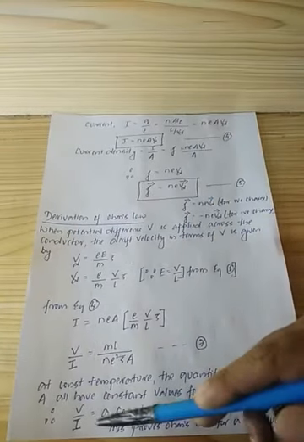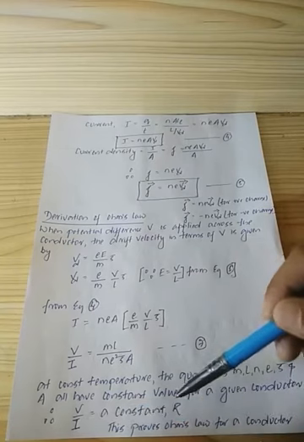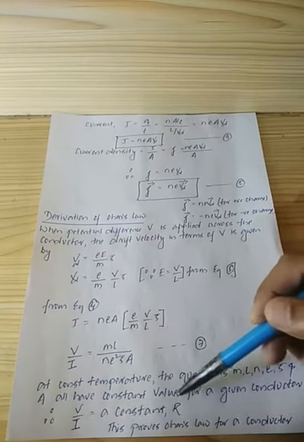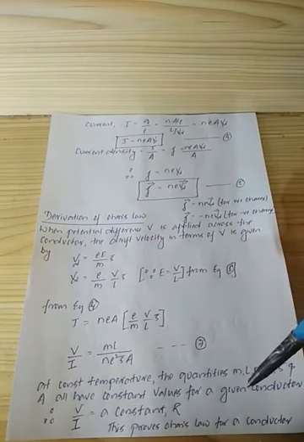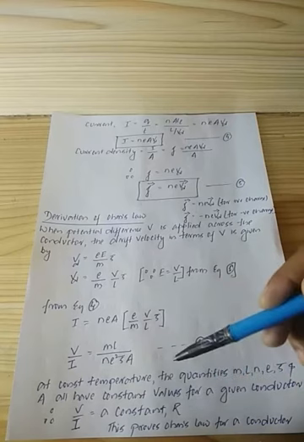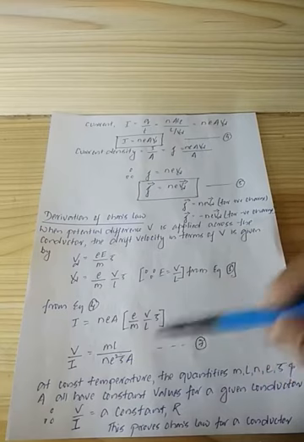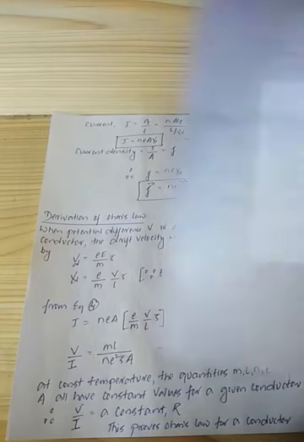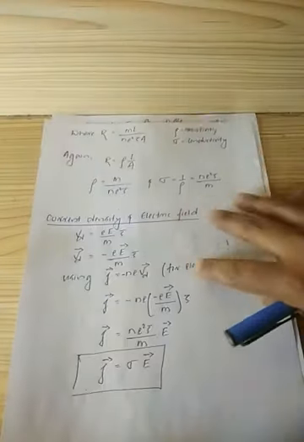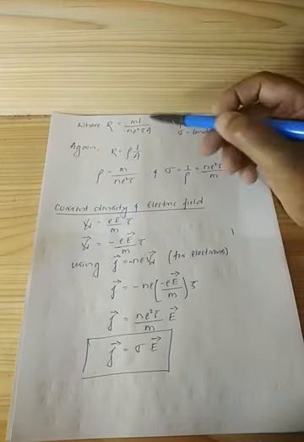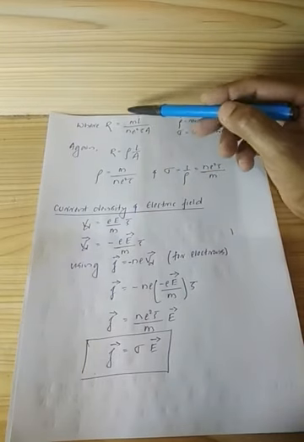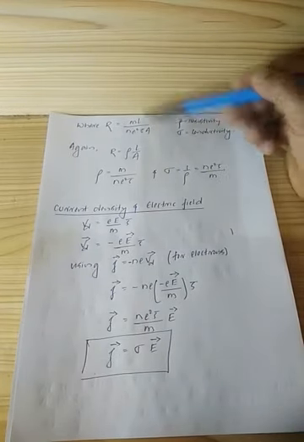We call this constant the resistance of the conductor. If we compare this to the expression, then R equals m L divided by N E square tau A. So this is the new expression for the resistance of the conductor in terms of these parameters.